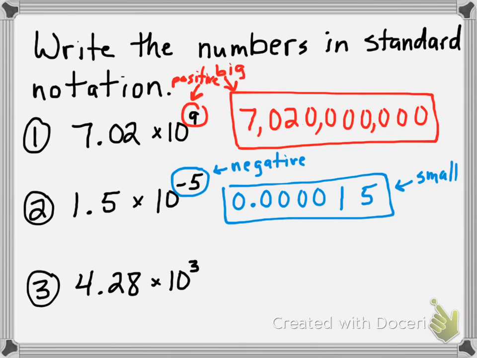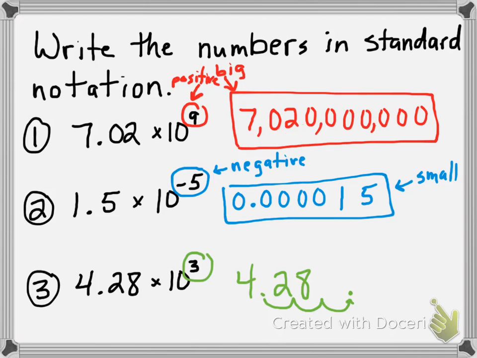And on number 3, again, I'm looking at the exponent first. So I'm going to rewrite the number 4.28, and then I know since this is a 3, I have to move the decimal 3 places. And since it's positive, I need to make this a big number. So I need to move it to the right. Alright, so 1, 2, 3. So my decimal is going to go here.